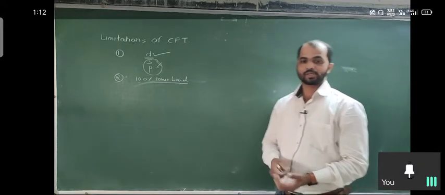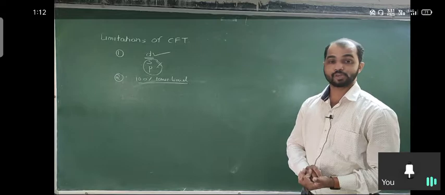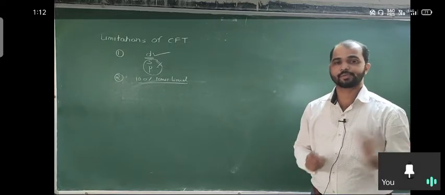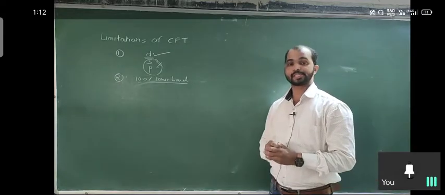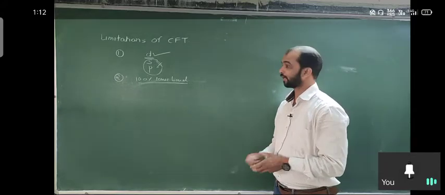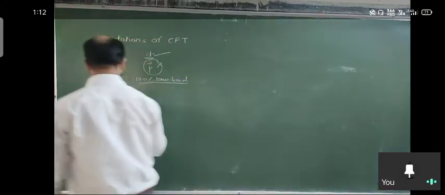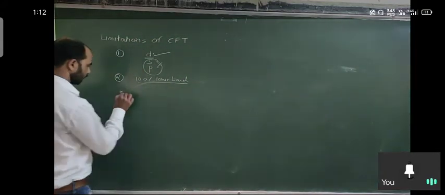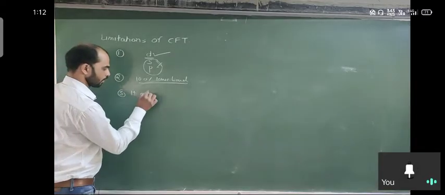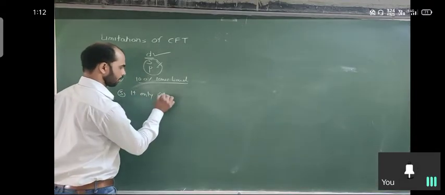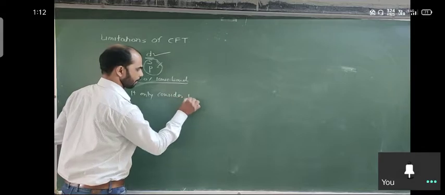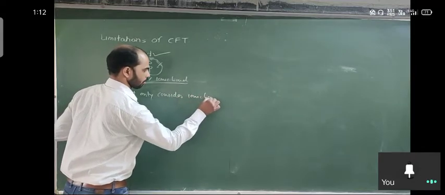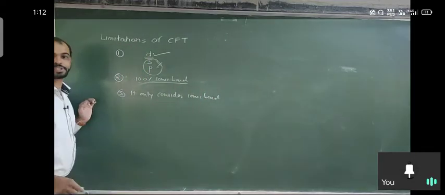It does not account for the possibility of formation of double bonds. We already discussed in VBT that metal and ligand can form such bonds in complexes. So what is the third? It only considers ionic bond. There is no information about the covalent bonding.